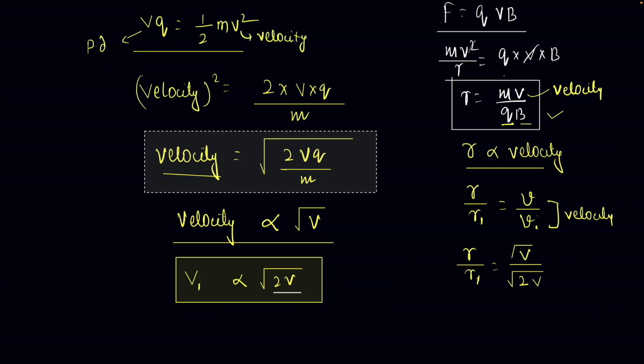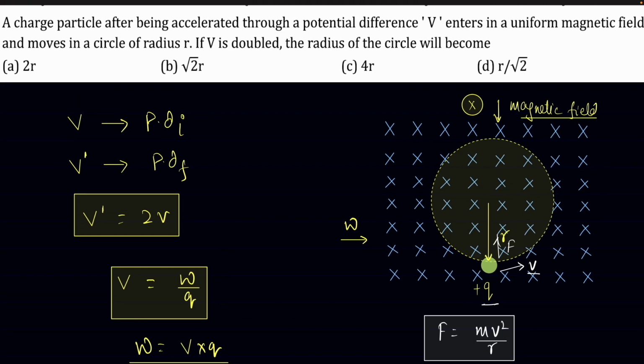Now the two potentials get cancelled. So R by R1 is equal to 1 by root 2. So from there, R1 is root 2 times R. So the new radius will be root 2 times the previous radius. According to this, option B is matching and correct here. So this is the answer to this question.